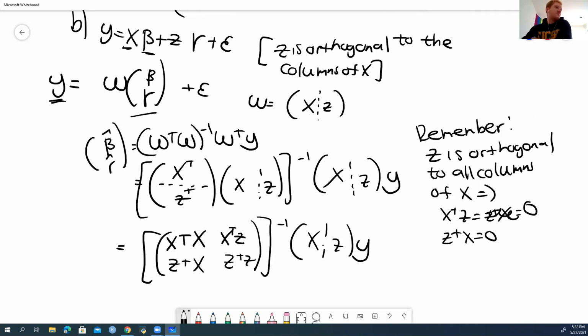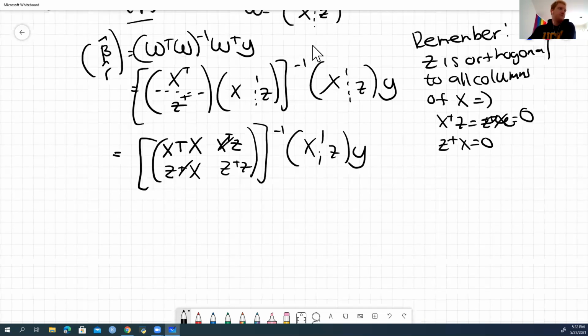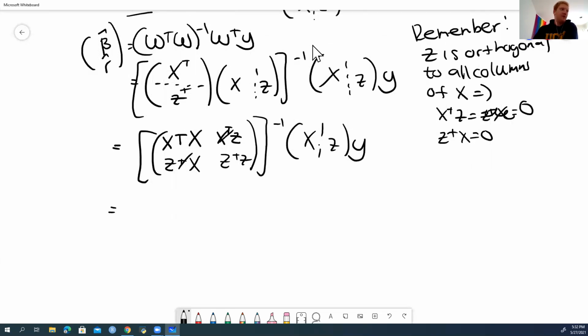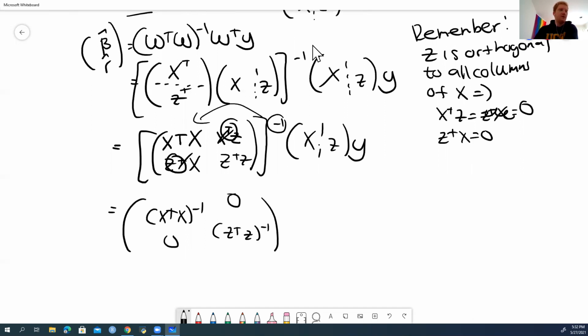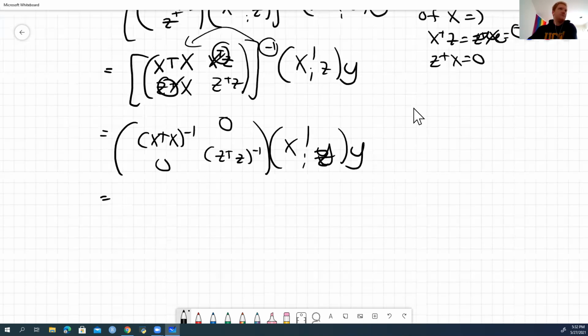Okay, so these are now 0. And since this is a block matrix, we can take the inverse block by block. So this is really going to be (X transpose X) inverse, and this is going to be (Z transpose Z) inverse, with 0s off the diagonal, times (X, Z) transposed times Y.